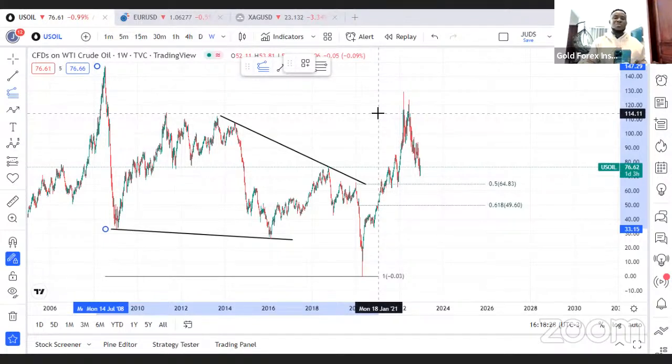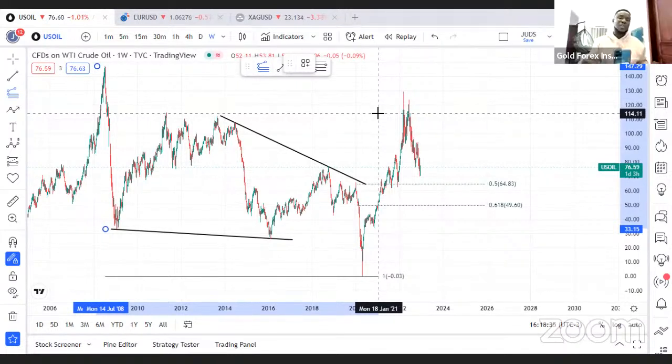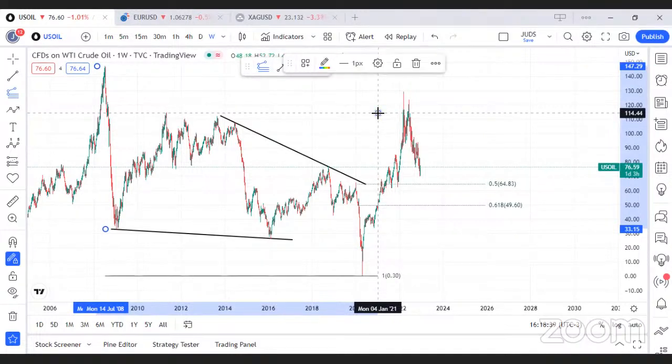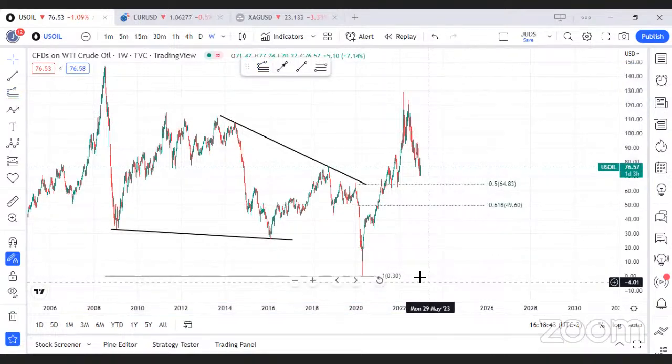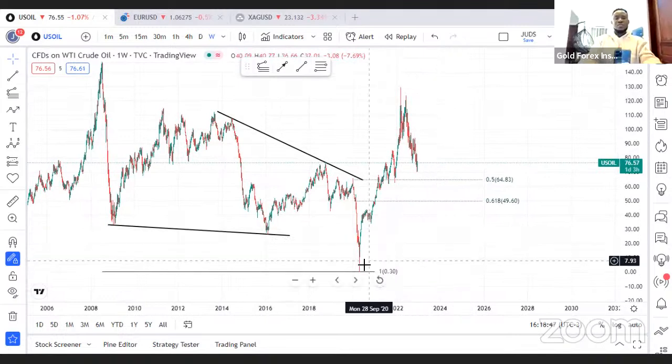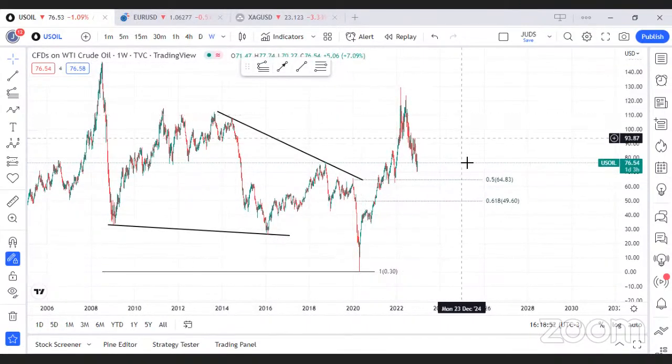So that means that we should be in a bullish wave for US oil. Currently what is forming is just a correction. Look at the magic of this fib. Yeah, 1.0. As soon as the market got there, then a sharp bounce.